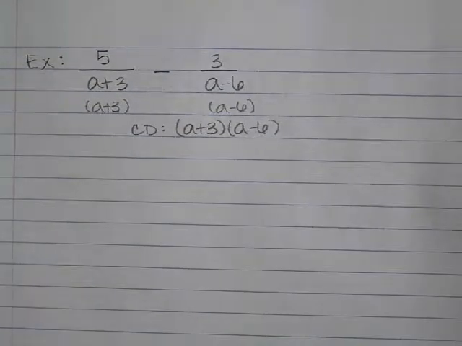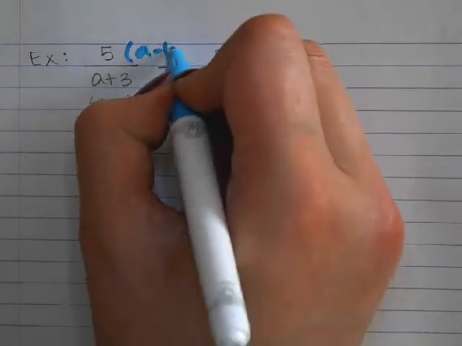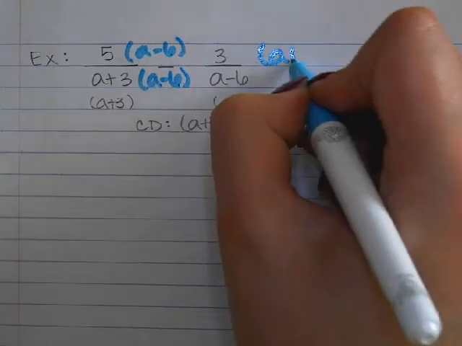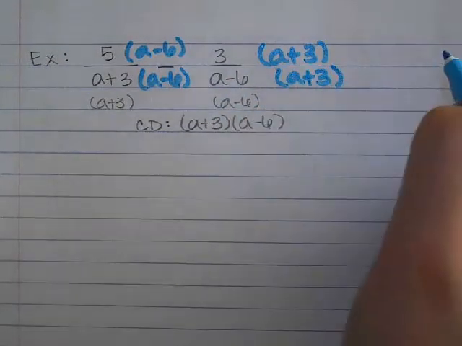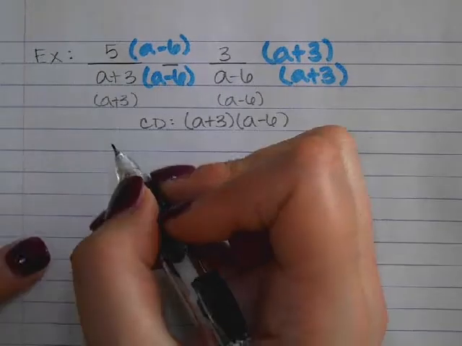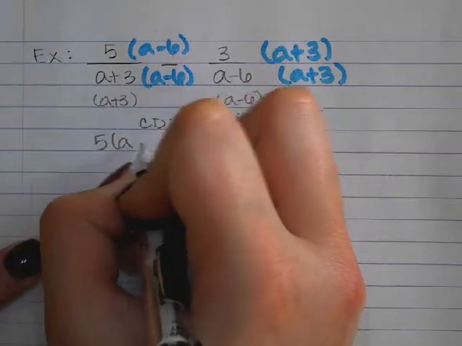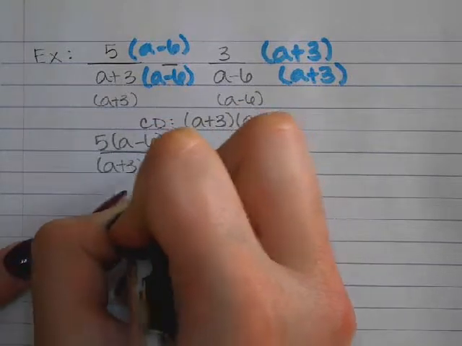And so that means that the first fraction is going to need an a minus 6. And the second fraction is going to need an a plus 3. Okay, so for the first fraction, we have 5 times a minus 6. And again, I'm going to leave the factored form.